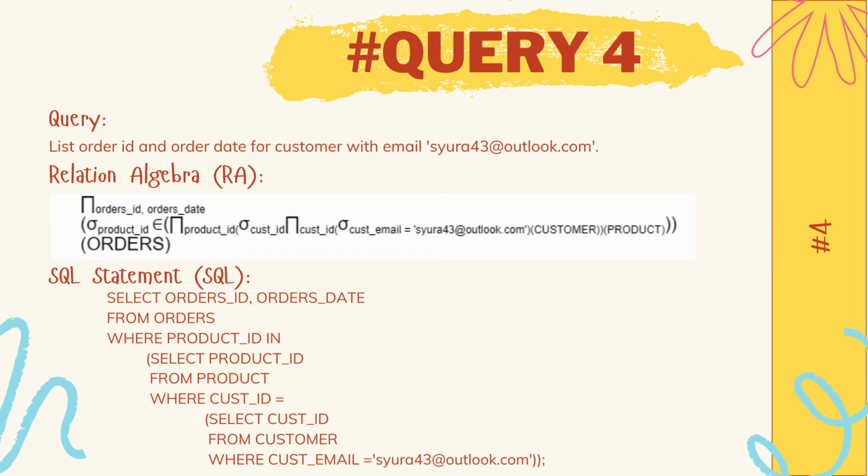Select order ID, order date from order where product ID in bracket select product ID from product where customer equal to in bracket select customer ID from customer where customer ID equal to shura43@outlook.com. IN is used to test if any expression matches any value in a list of values, which is the condition located in the bracket after the IN statement.